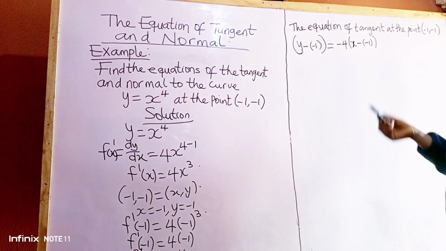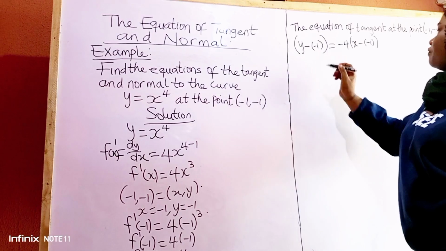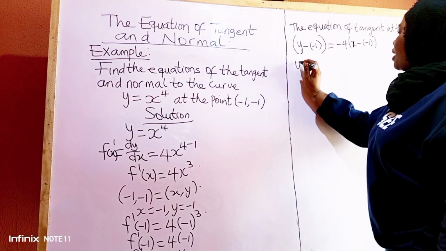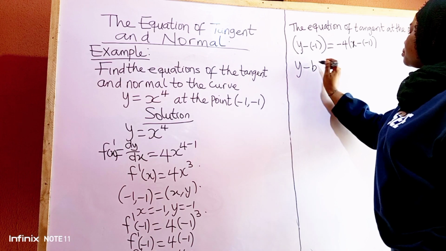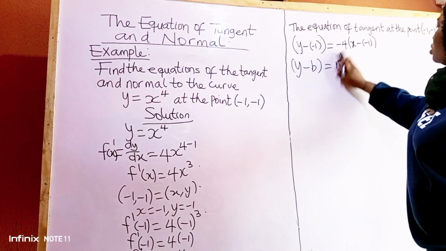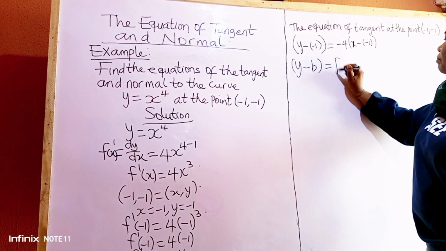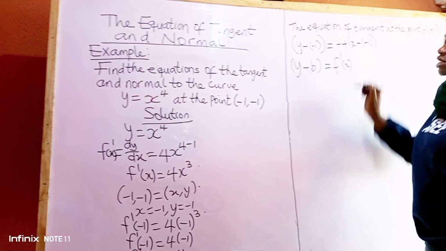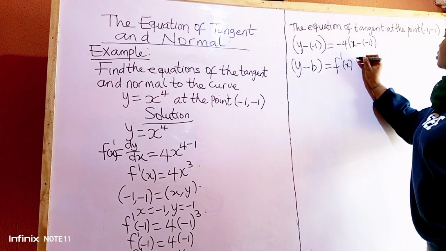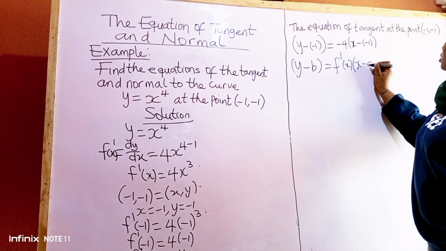In case you have forgotten the formula for the equation of tangent, let me remind you. y minus b is equal to m, or just write f prime of x, the gradient, changing y over changing x, then bracket x minus a.